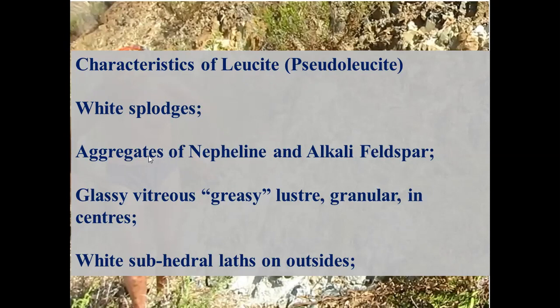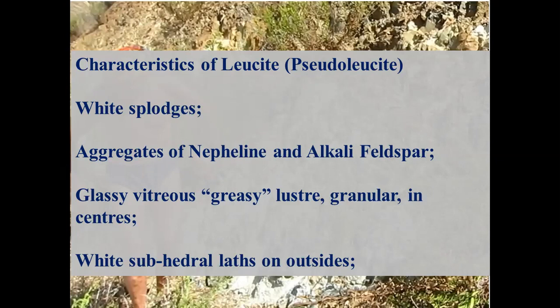Now, what pseudoleucite is, is aggregates of nepheline and alkali feldspar. So the white opaque material around the outside, little subhedral, possibly some lath shapes when it's quite well developed, those are the alkali feldspar breakdown products of your leucite.